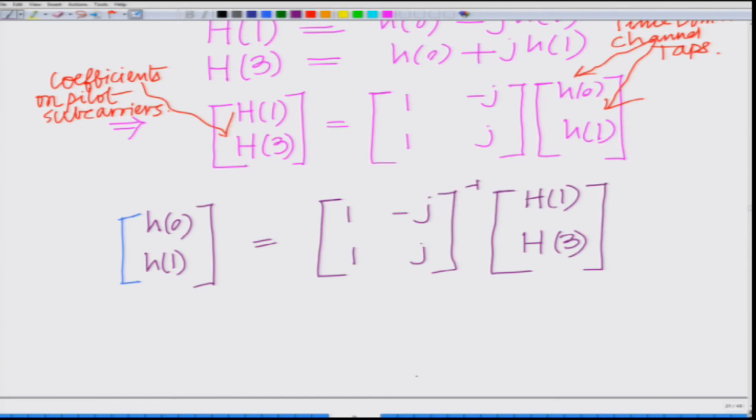And the last step is basically to realize that we have the estimates of these channel coefficients on the pilot subcarriers. So, if we use the estimates on the right hand side also, we will get estimates. These are the estimates of the time domain channel taps, or basically your ISI channel taps. So, we can express small h0, small h1, the time domain channel taps, in terms of capital H1, capital H3.